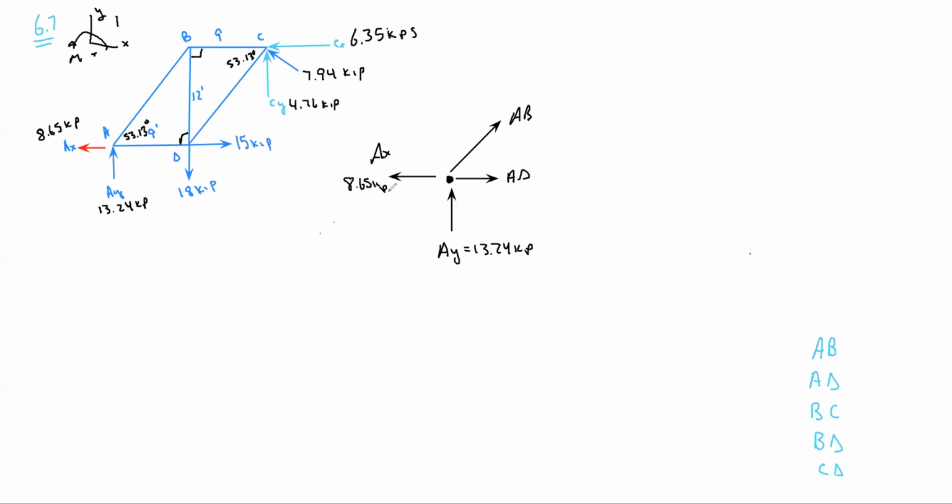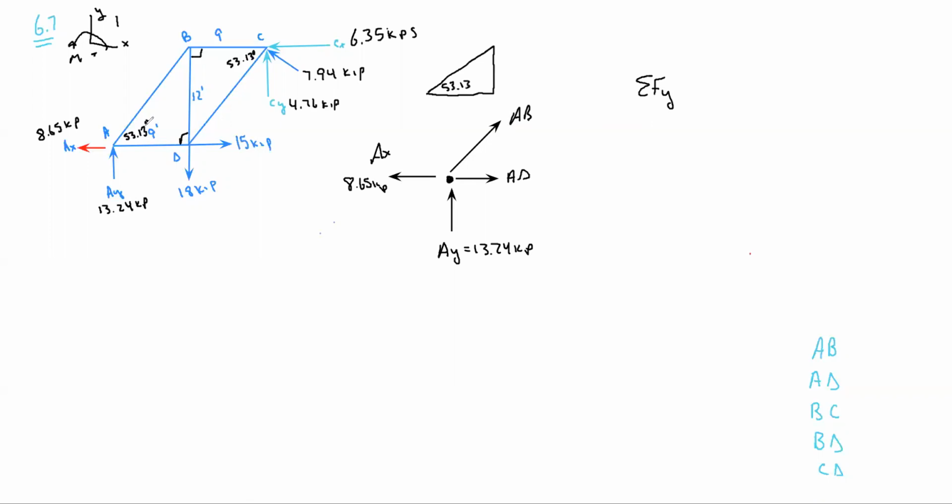Taking a look at this, we'll look at forces in the Y direction. Remember AB is at an angle. The angle is 53.13. Let me quickly draw what's going on there.